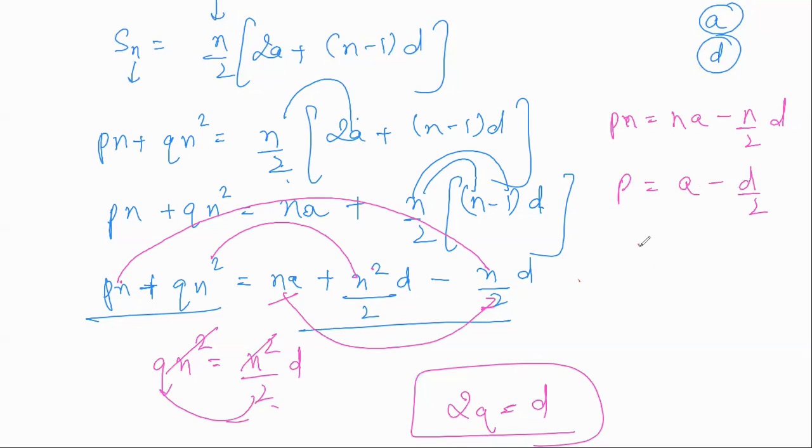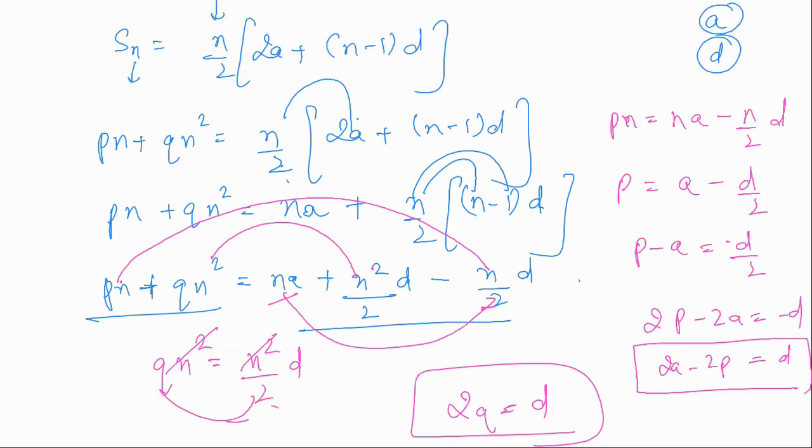Taking a to the left hand side and d by 2, I'm taking 2: 2p minus 2a equals minus d, so d equals 2a minus 2p when I take minus common. So either the value of d is this or the value of d is this. Because p and q are constants, I am taking this one, in the form of q. This is as simple as that, or you can take d in the form of p also. It's your choice.